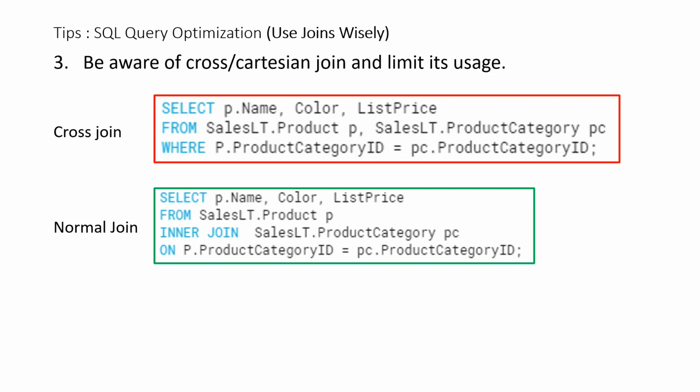There, one record is only multiplied with whatever the cardinality is. But in CrossJoin, irrespective of the cardinality, you're joining one record of the base table with all the records of the secondary table. So typically this sort of join is not recommended, and it tends to be performance intensive.